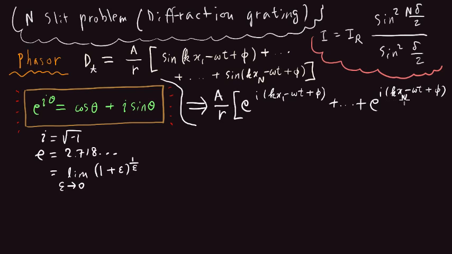So what I did is just make this expression a complex number expression by replacing sine with exponential i theta. And the rule is, after you calculate this in the complex domain, you look at the imaginary part of the result, and the imaginary part is i times something, and that something is your answer.